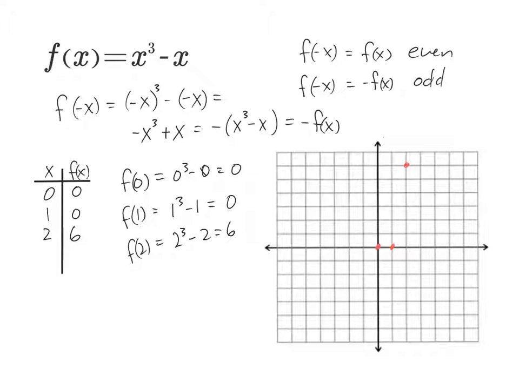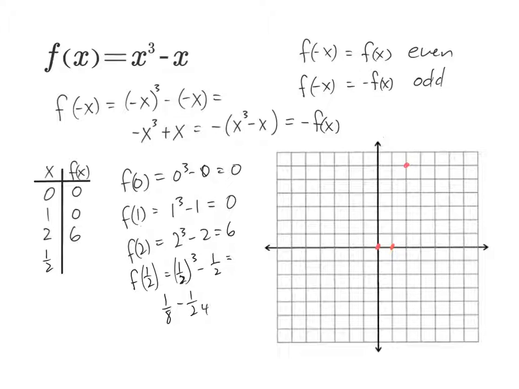Now, here's the problem. I kind of don't know what's happening in between here, so I'm going to have to do one more. So I'm going to do 1/2. So f of 1/2 is 1/2 cubed minus 1/2. Well, 1/2 cubed is going to be 1/8 minus 1/2.